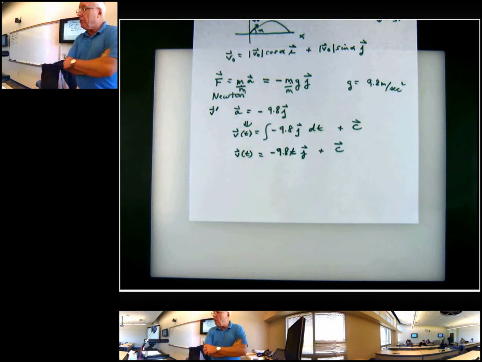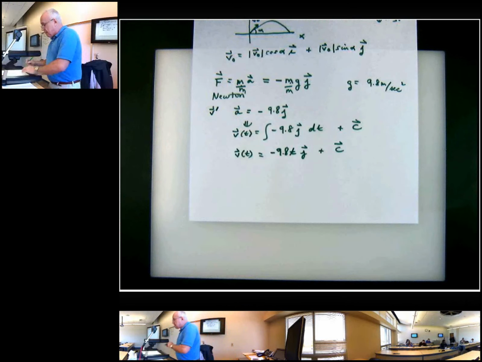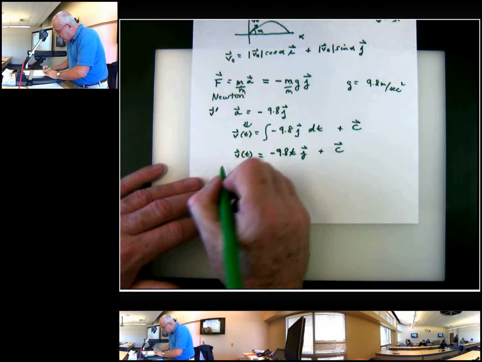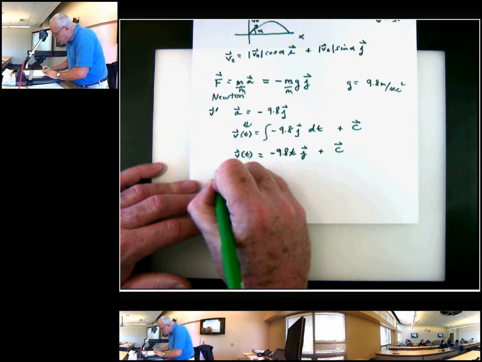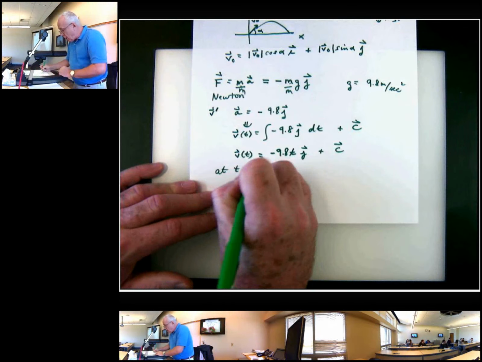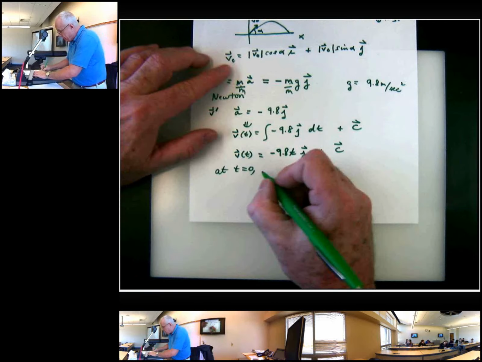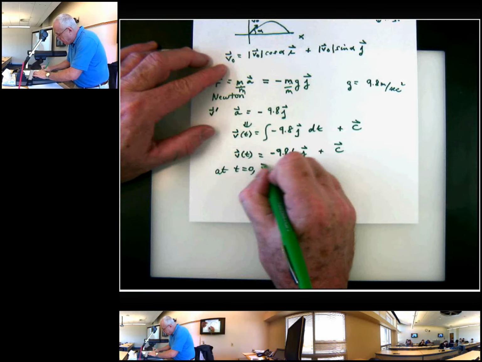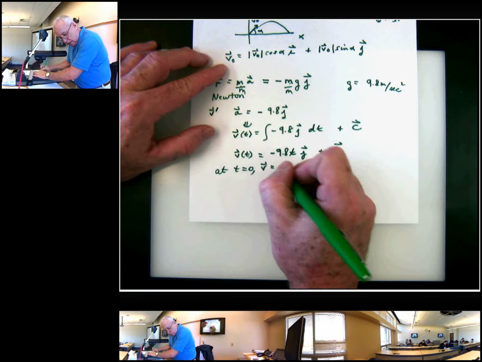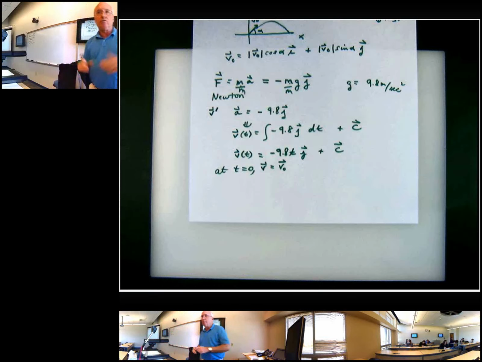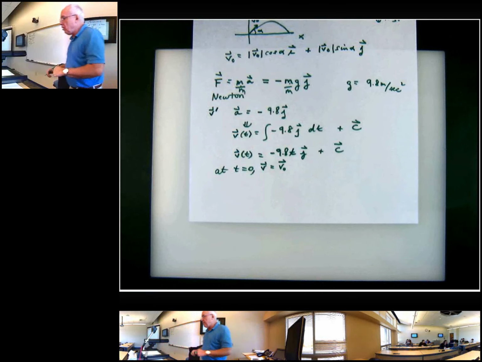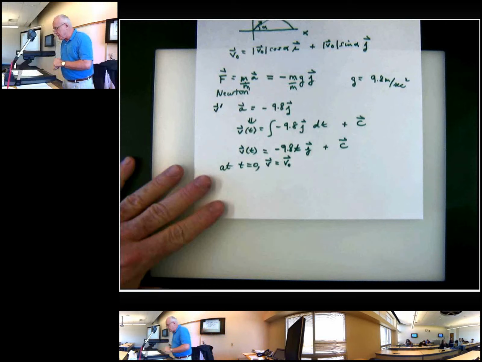And then what we can do from this is say, let's just say at t equals 0, our vector is equal to v sub naught. Just call it v sub naught, since we don't have any more information on it than that.